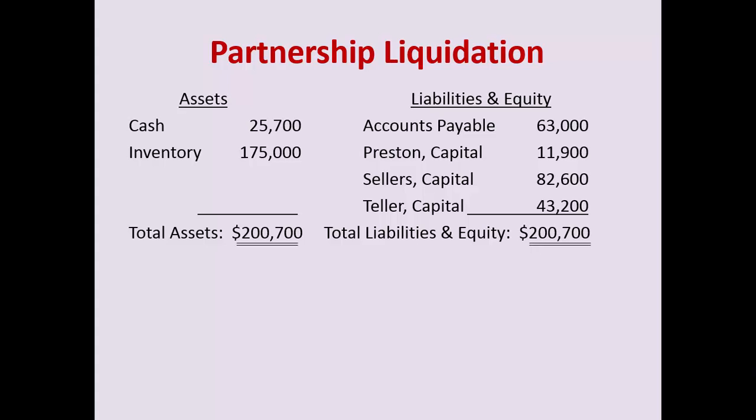So looking at an example of a partnership, we have assets of $200,700, total liabilities and equity for the same amount. Looking at the assets and the one liability account, it appears at first you can cover your liabilities. But take a look at this a different way.